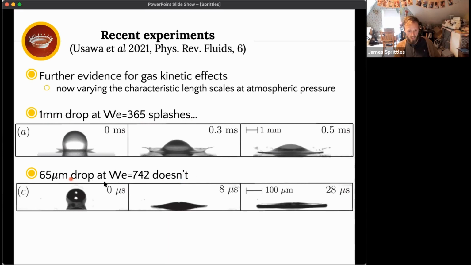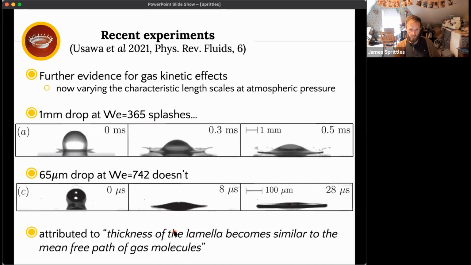And what they see is that even at larger Weber numbers, which is the dimensionless impact speed, you don't splash with smaller drops. The reason is that the characteristic scales of the lamella become close to the mean free path in the gas. So again, there's interesting work to be done here.